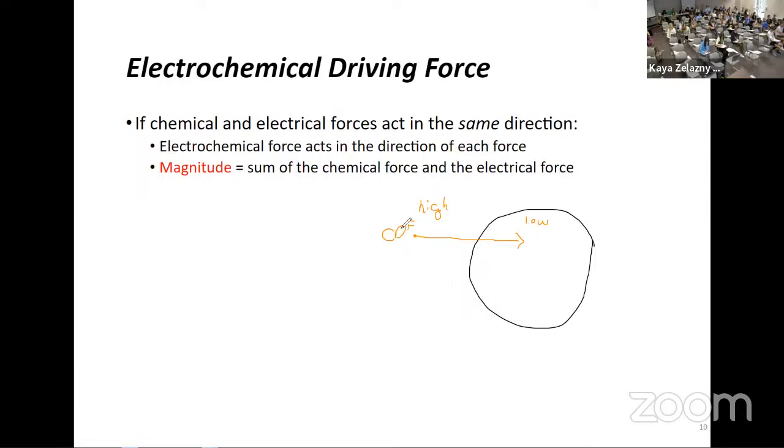Okay. And let's say we're thinking about sodium or potassium, a positively charged ion. Let's say our cell has a negative polarity, so it's negative on the inside. So if we then draw on our electrical driving force, our EDF, we would want that positive ion to go towards that negative charge inside the cell.